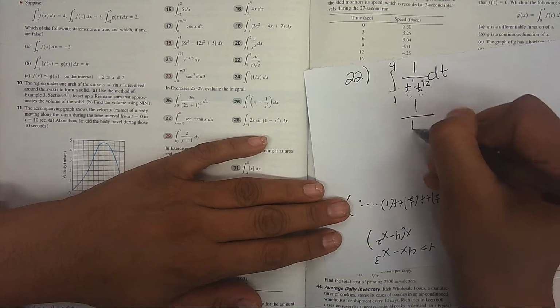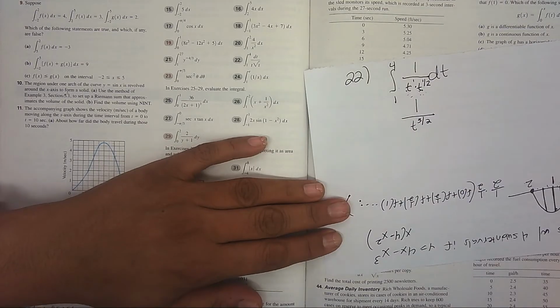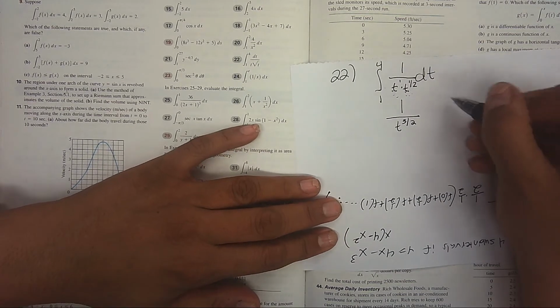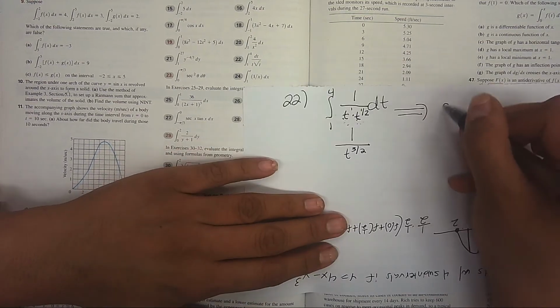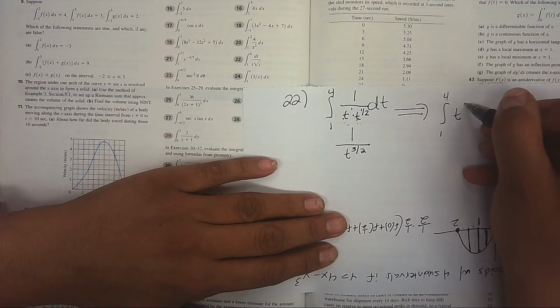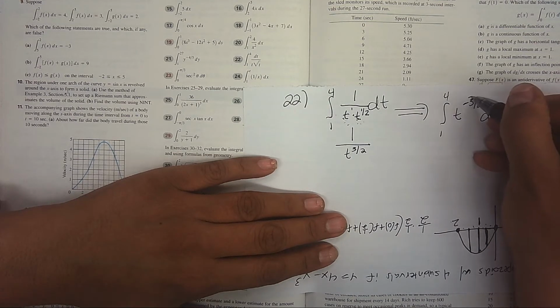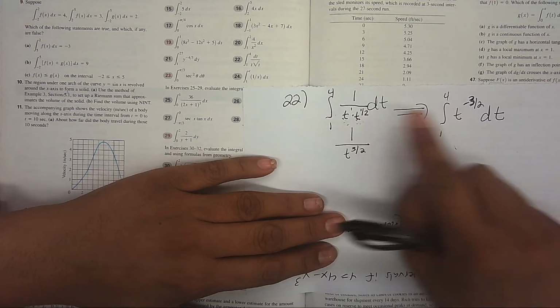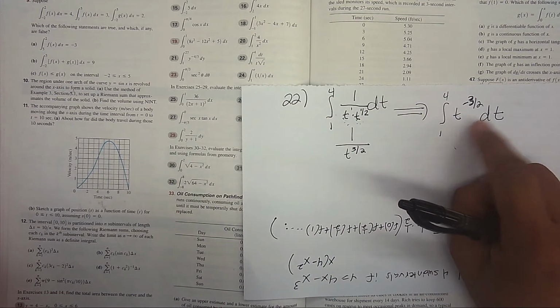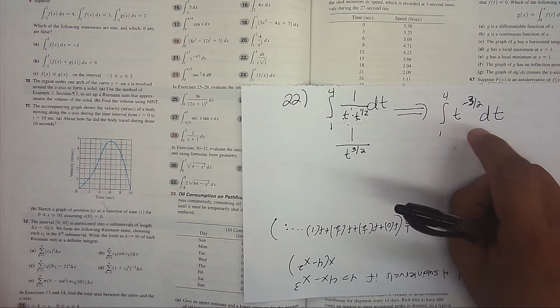That ends up being t to the 3/2 power. Lastly, bring it up and rewrite this as the integral from 1 to 4, t to the negative 3/2 power dt. All I've done is rewrite your integrand as a power function, and then you're supposed to undo the power rule. So I'm hoping that's sufficient.